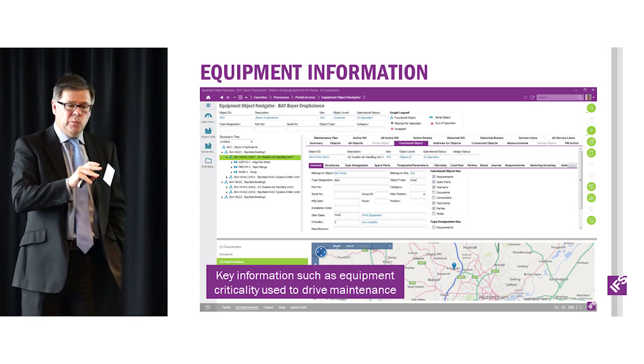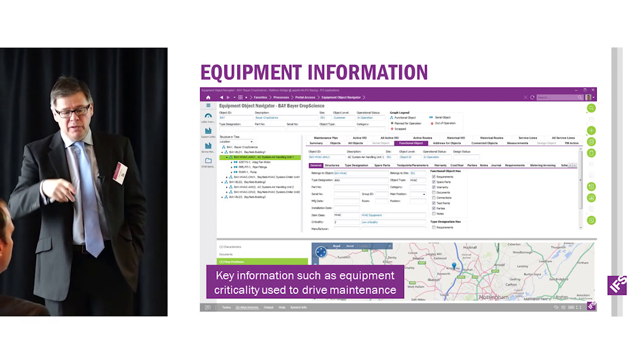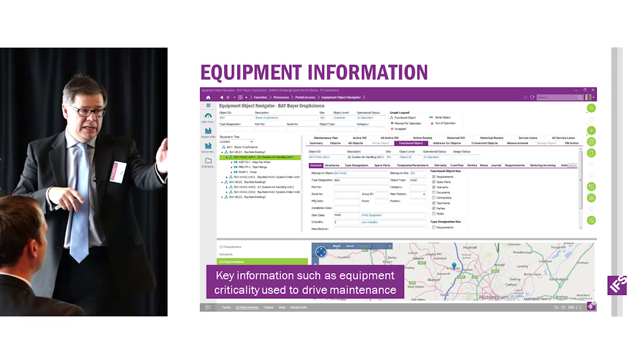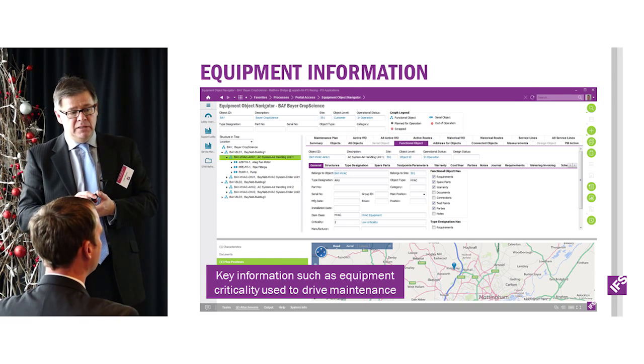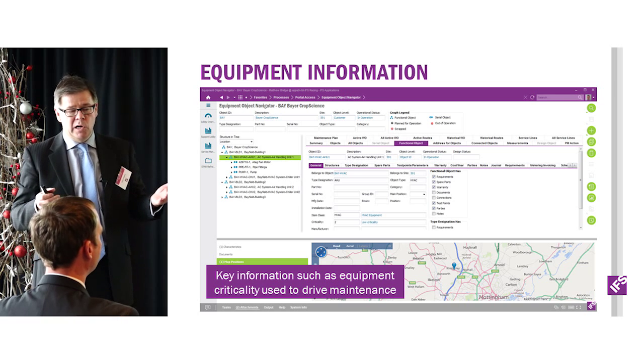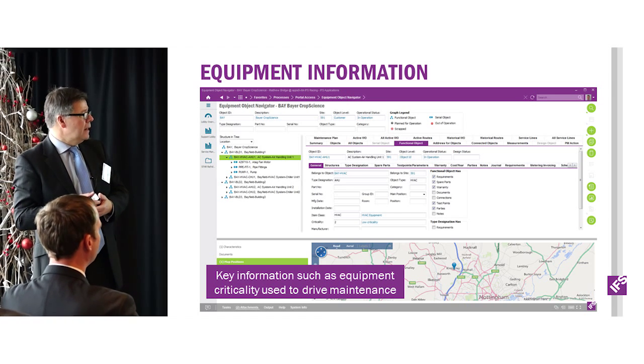This is an area that we are working on ourselves. This is an area that we are linking into the Internet of Things. This is an area that we're working with partners.